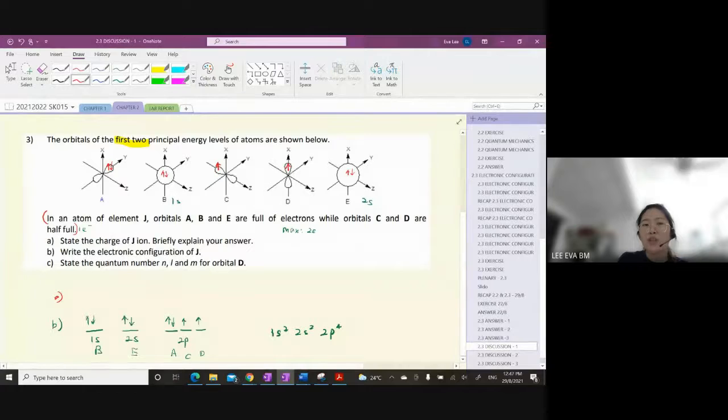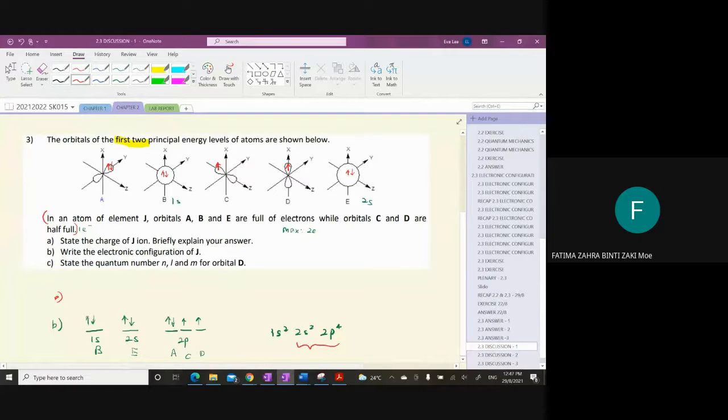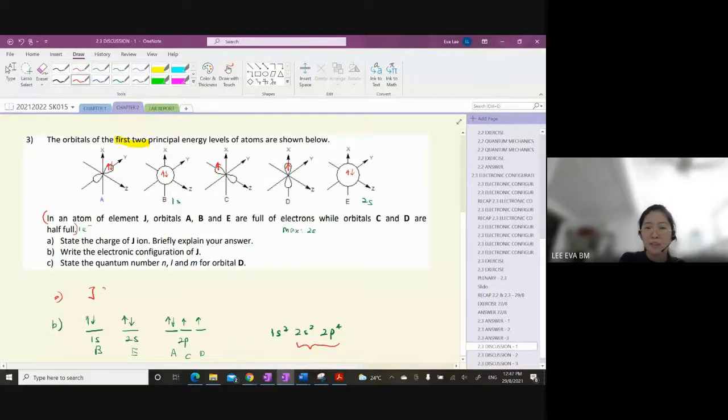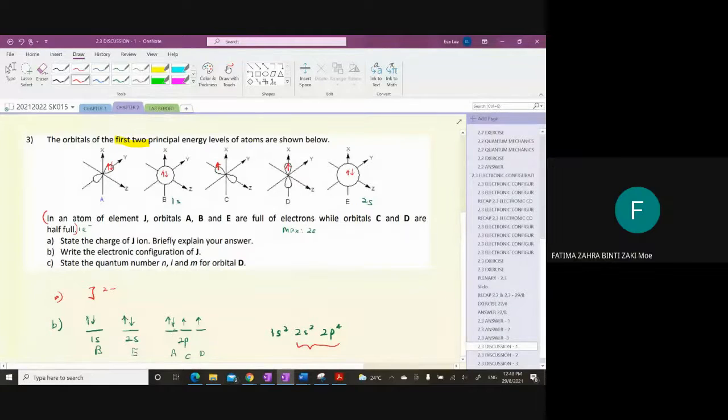State the charge of J ion. Briefly explain your answer. So you already see the valence electron is 6. This one is your valence electron. So what will be your ion J? -2. Why -2? They need 2 more electrons to be octet.